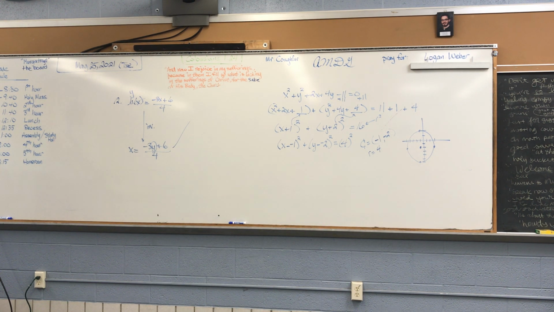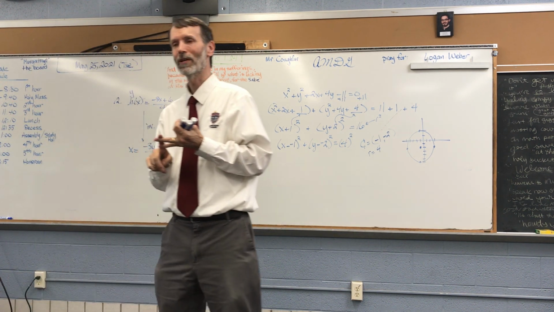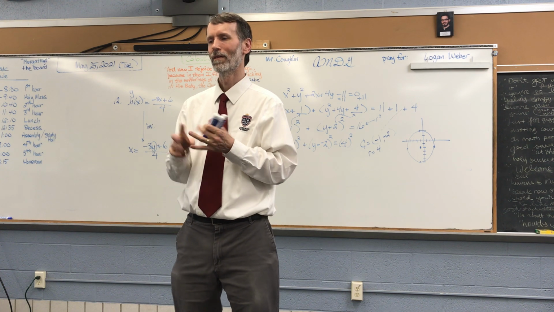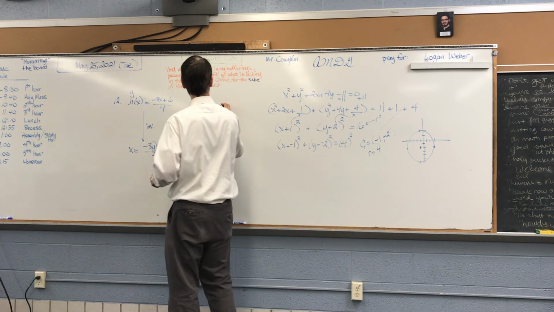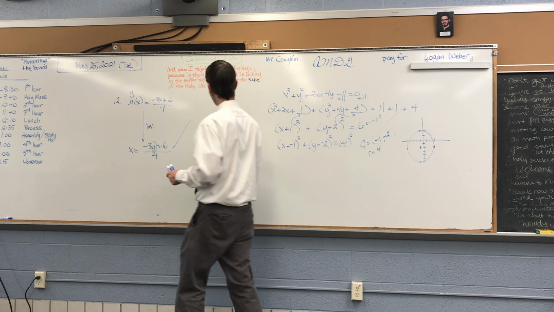We'll see what happens. What about a hyperbola? How many parts? 14. How about a parabola? 6. But you get to name them. Directrix, axis of symmetry, vertex.